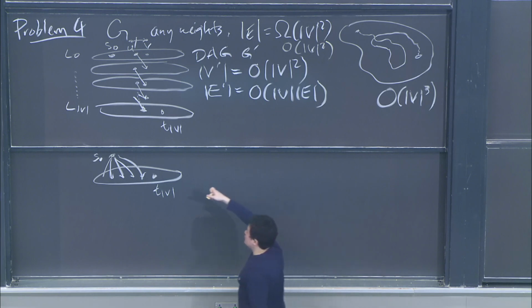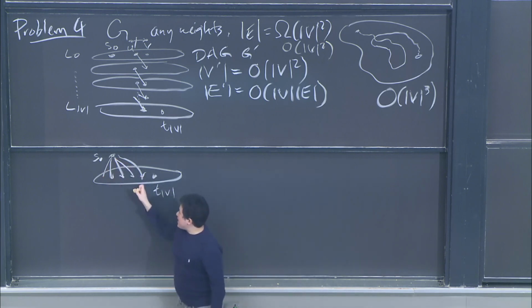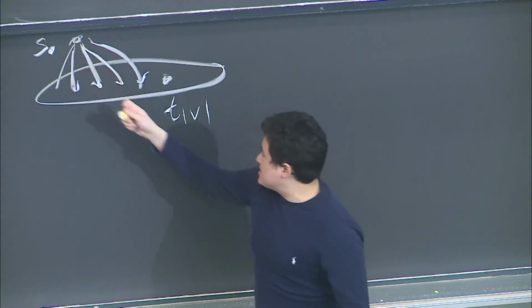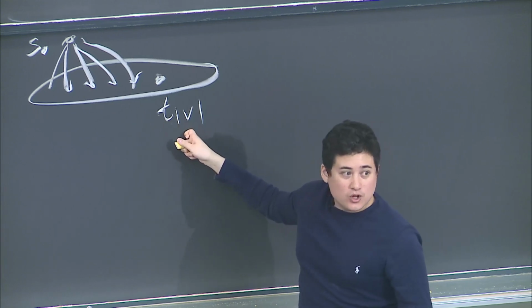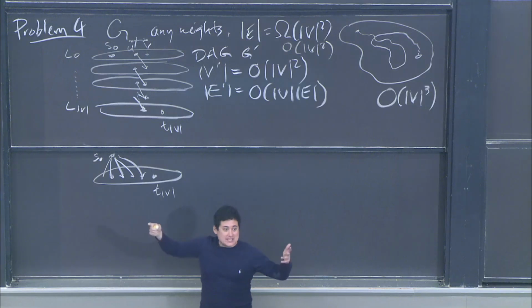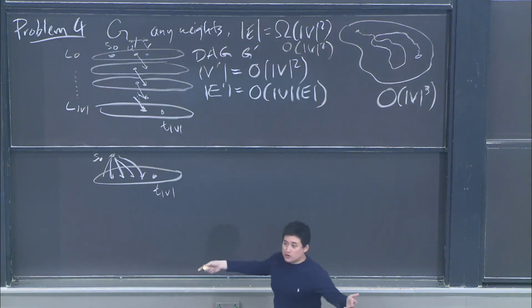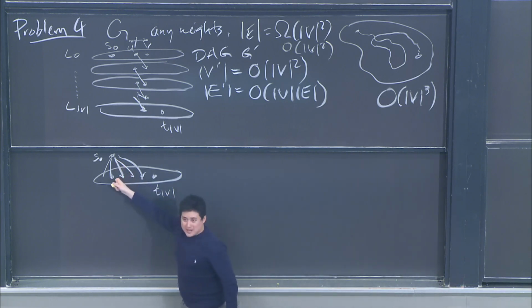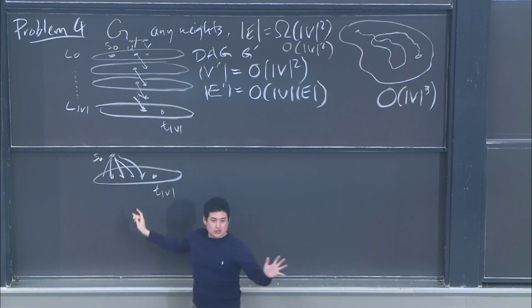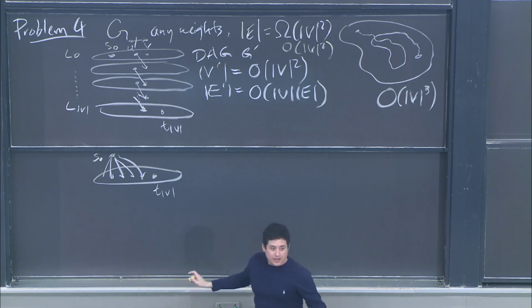Now I have a graph where any path from S0 to v to tv here will be a path that uses at least v edges in my original graph, right? Because these represent the shortest path weights of anything using exactly v edges, and then the path can continue in the original graph, right?